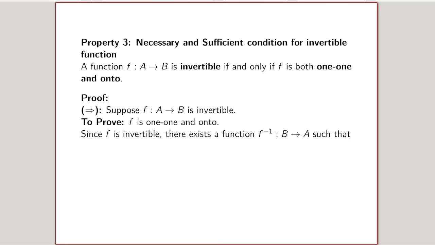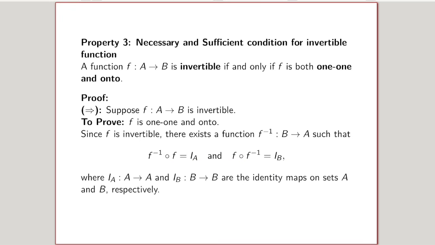So this is what we are going to prove. To prove f is one-one and onto, since f is invertible, there exists a function f inverse from B to A such that f inverse composition f will be I_A and f composition f inverse will be I_B. These maps I_A is nothing but the identity map on A and I_B is the identity map on B.